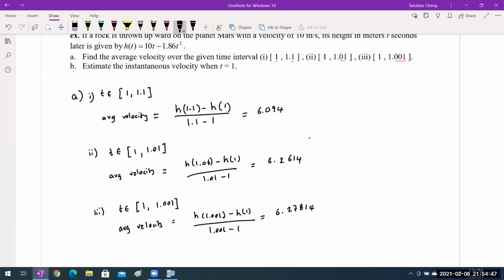So from these three parts, we make our prediction for part B, estimating the instantaneous velocity at t equal to 1.